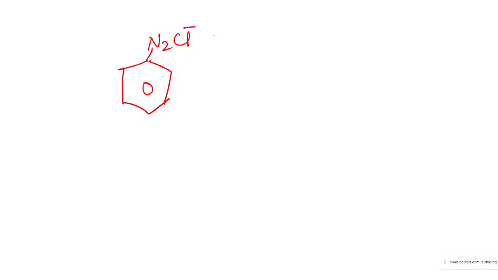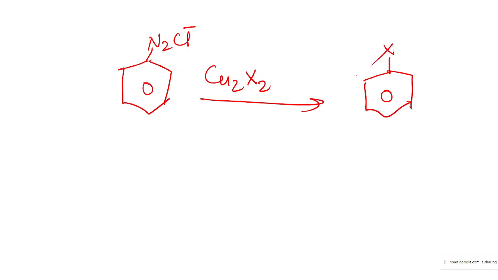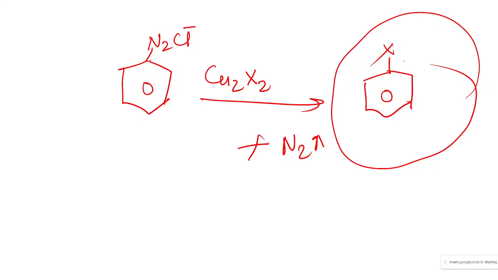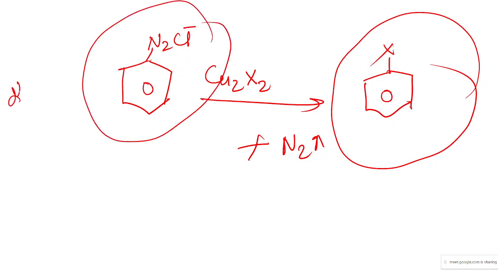When you treat it with copper and X2, suppose any halogen, then this X replaces that N2, and N2 comes out. So this is the method for the synthesis of alkyl halide also, from the diazonium salt.